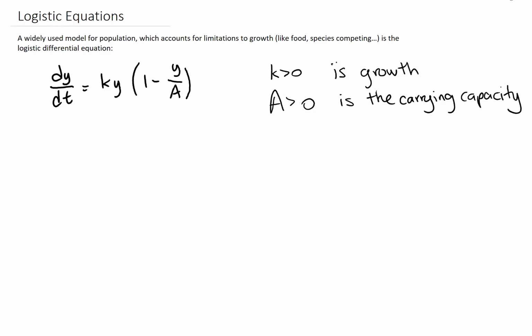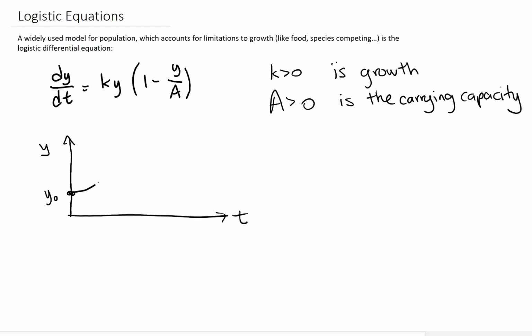And so what y of t often looks like is a function that starts at some initial value of y, and it increases kind of like an exponential, at least to start, and then it starts to slow down and flatten out, and basically has some maximum value, which is your a value.